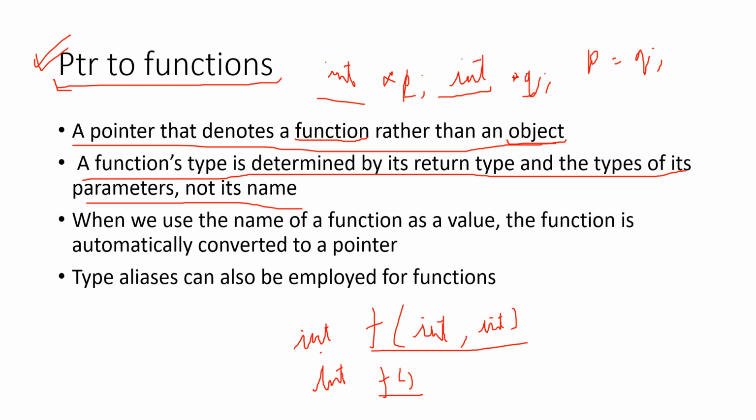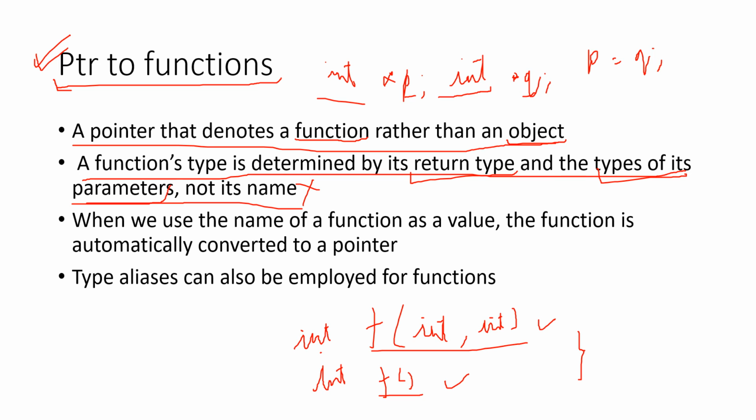They have a varying number of parameters and their name is the same, but the types of these two functions are entirely different. So a function pointer would discriminate between these two functions. It also depends on your return type. So these are the two things you must keep in mind: the return type is important and the type of its parameters is important, not the name of the function. Name is the least important thing for the function.